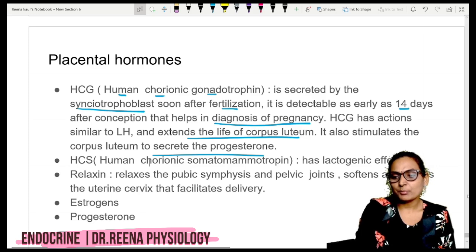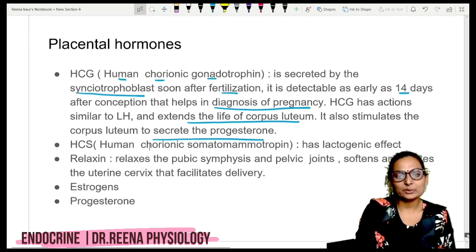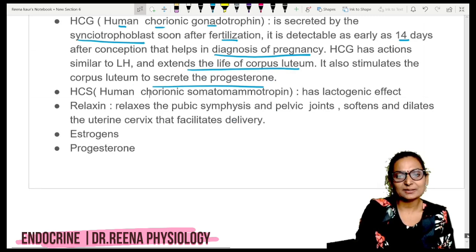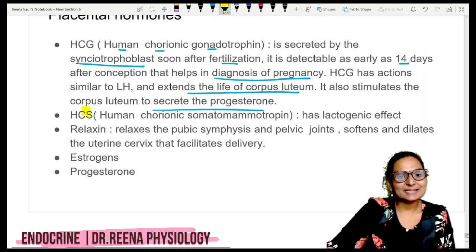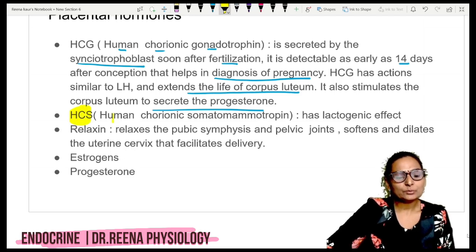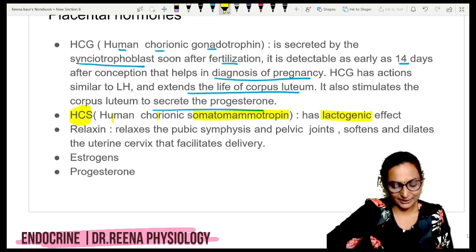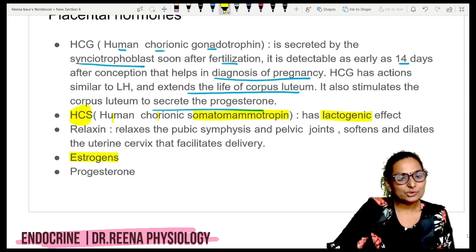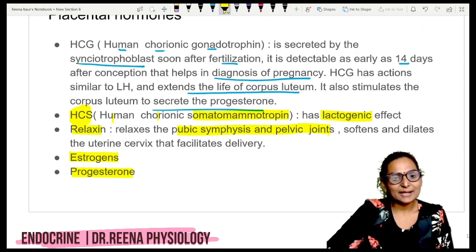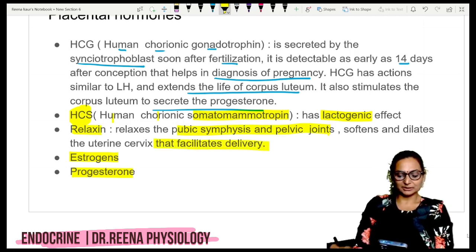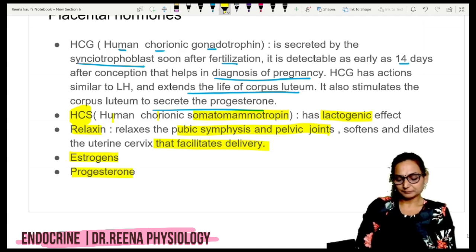This MCQ is important for you. It is a glycoprotein. Remember, it is a protein hormone. Then the second important hormone is HCS, human chorionic somatomammotropin, which has a lactogenic effect. Then estrogens and progesterones are there. Relaxin is a hormone that relaxes the pubic symphysis and the pelvic joints, and it facilitates delivery.